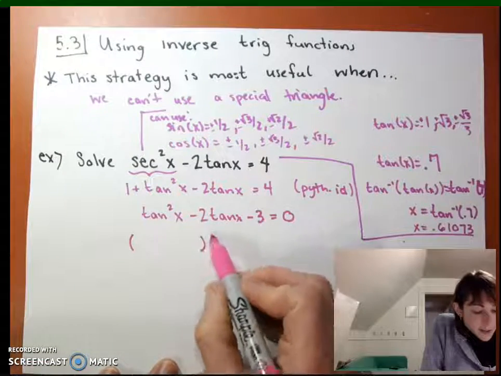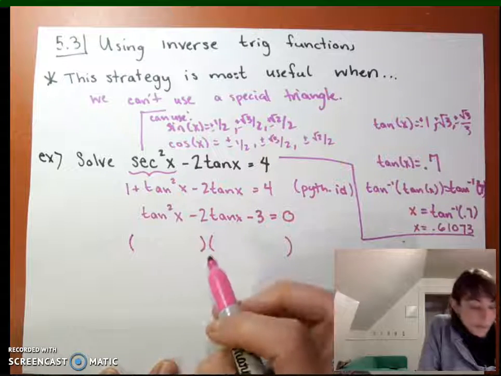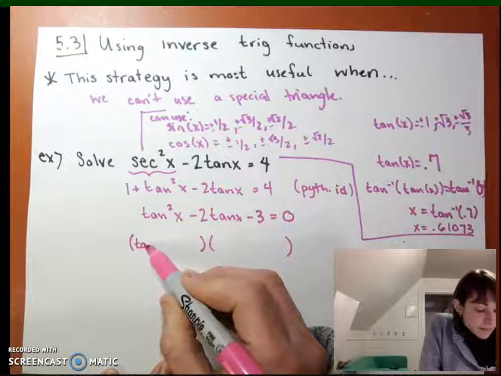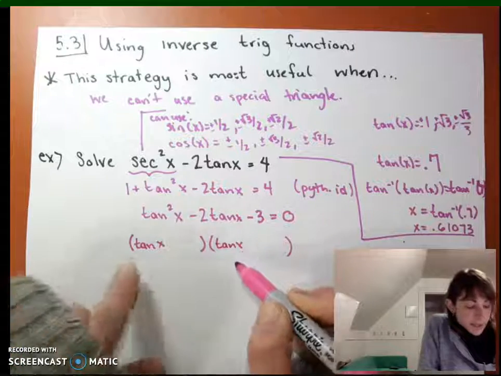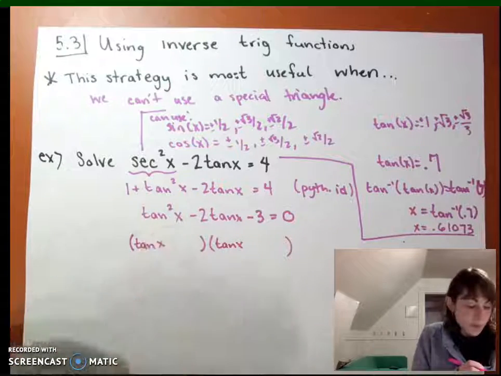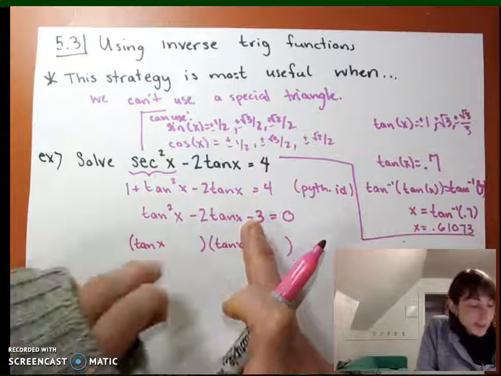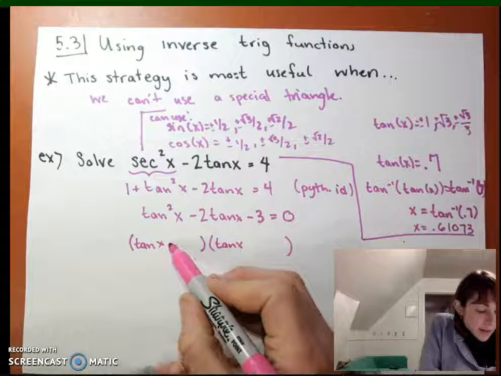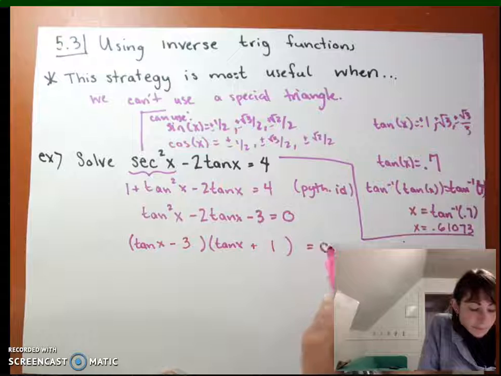Now to factor this, I just sort of pretend the tan is my variable, and I will put a tan x here and a tan x here, because the first two have to multiply to tan squared. The second two have to multiply to negative 3 and add to negative 2. And so I've got to have negative 3 on one and 1 on the other.